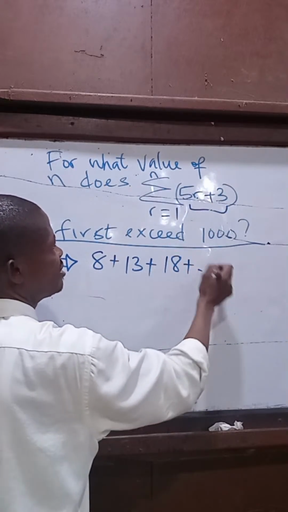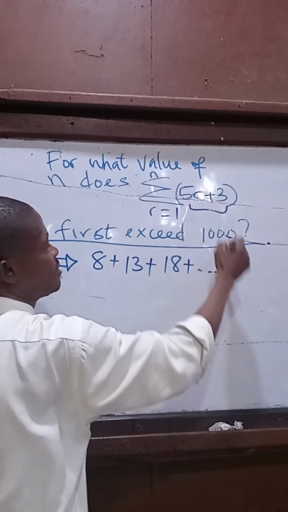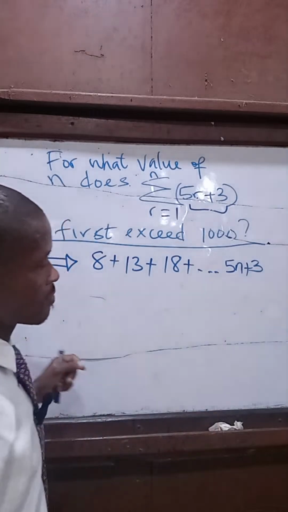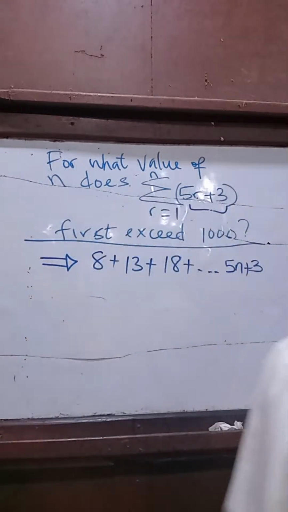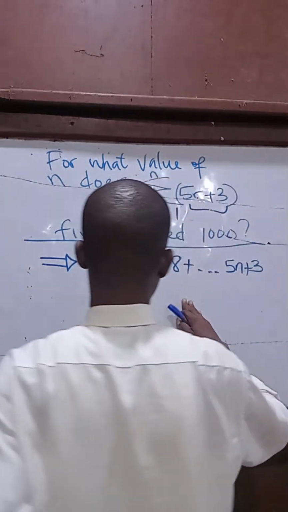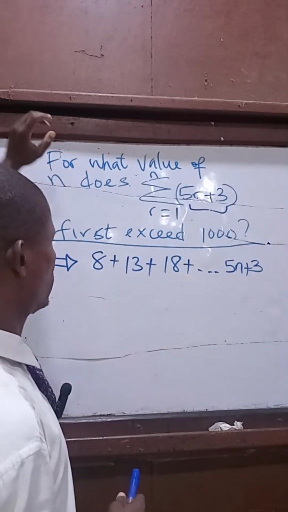And it goes on like that until the last term, that's 5 times n, that's 5n plus 3. So that's what we have here. We've gotten the series.